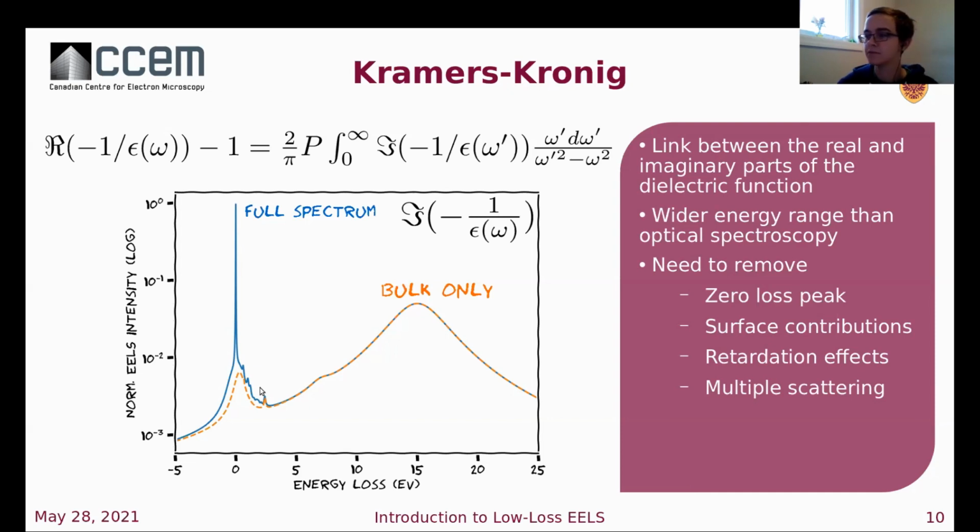And so if we can acquire an EELS spectrum that contains only bulk losses, then we can use this component to derive the real part of the dielectric function, and so use low loss EELS, apply the Kramers-Kronig relationships, and retrieve the whole dielectric function of your sample.